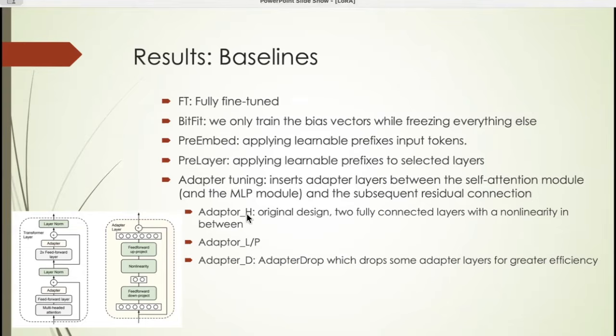So basically, adapter H, L, P, D are all the different tricks they try for variants of adapters, regarding where to put the adapters, after or before which layers, and also whether dropout is applied to the adapter layers.